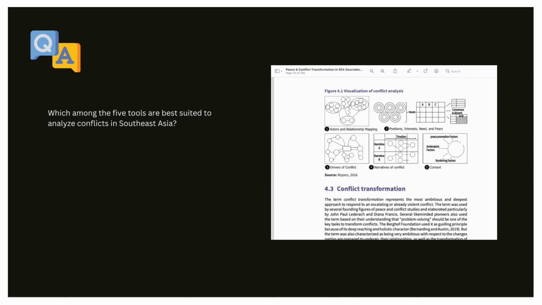And then the context, what is the context surrounding the particular conflict situation. So you have all these tools, and then you also have the conflict tree. We also have the onion, the nested model, we have quite a few tools.